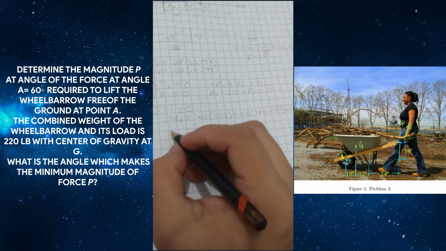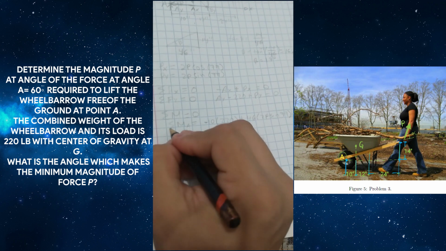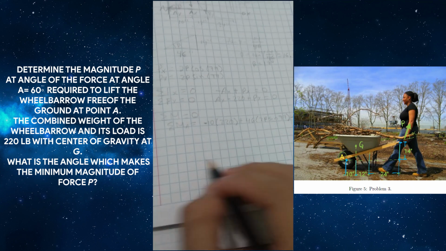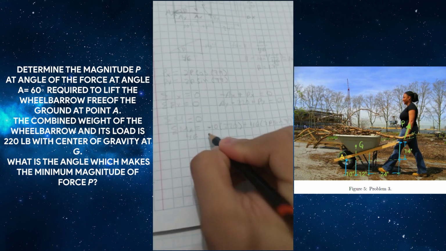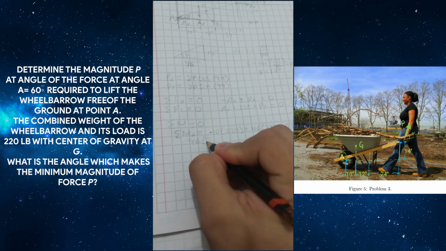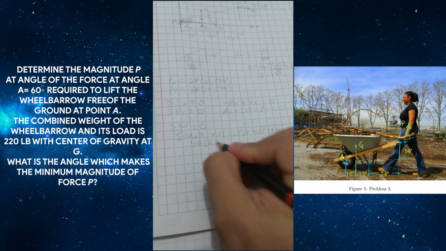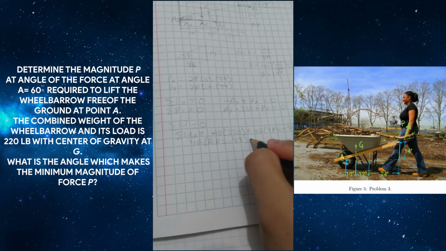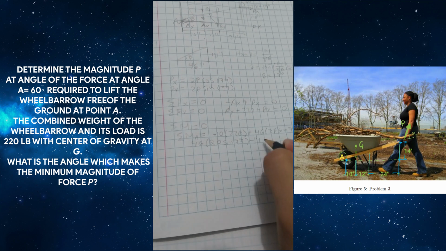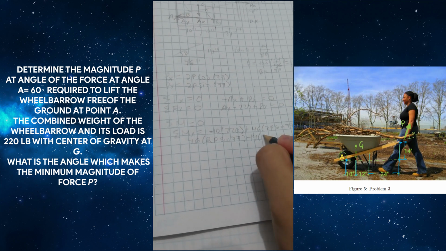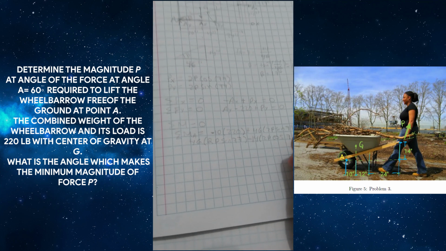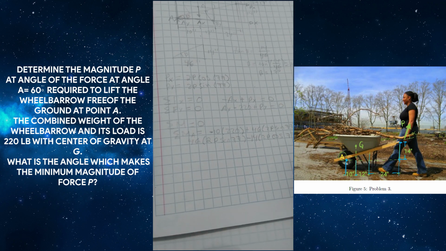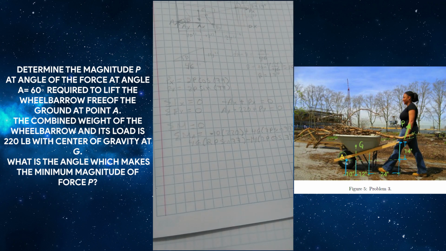Well, I'm going to write this expression in terms of P. 46 times 2P sine of 77 minus 14 Px, but Px is 2P cosine of 77, is equal to 10 times 220, that is 2200.